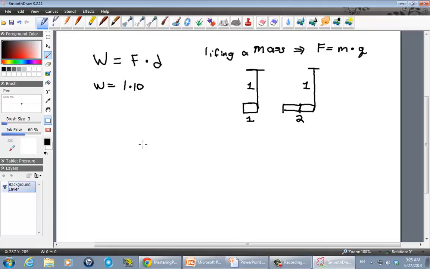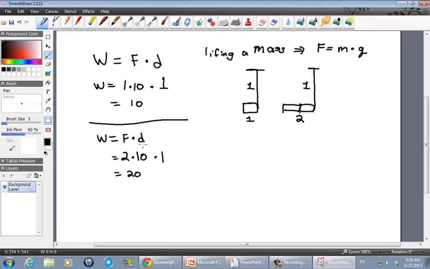Now, what distance did we lift it? We lifted it a distance 1. So the work that we did was 1 times 10 times 1, which is 10. Now, in our second example, work still equals force times distance, and our force is m times g. So it's our mass, which now is 2, times g, which is 10, times our distance, which is 1, which is 20.